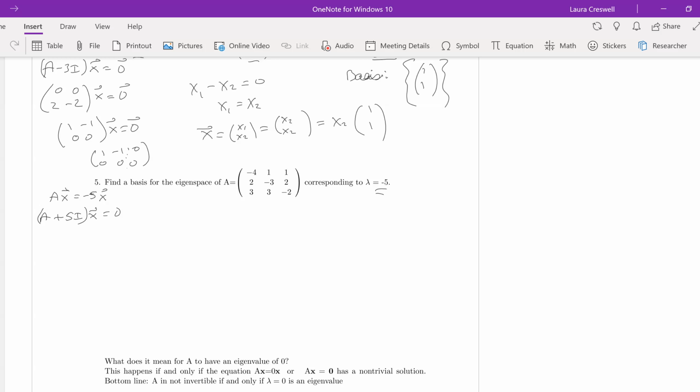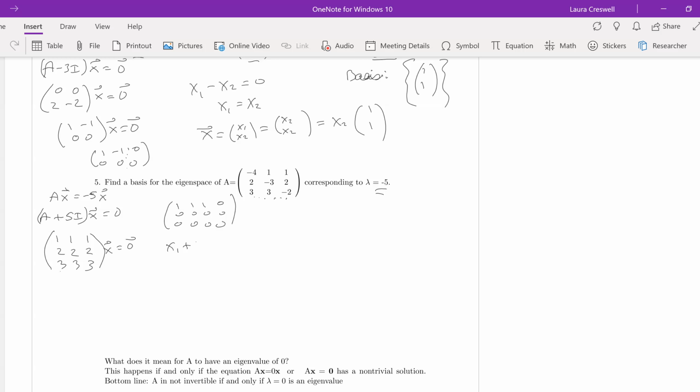So if I take A plus 5I, I get 1, 1, 1, 2, 2, 2, 3, 3, 3, x equals 0. Again, I can do this without thinking about it. Multiply this row by negative 2, multiply this row by negative 3, and add. So what I end up getting from my augmented matrix with 0 is this.